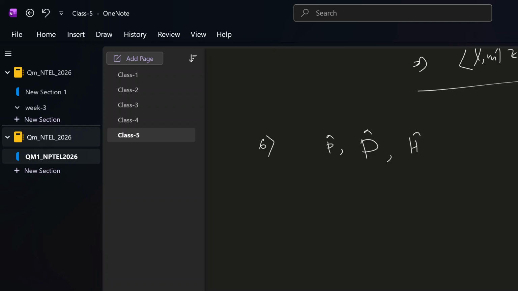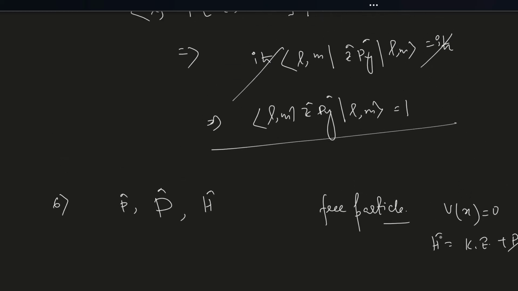So we are discussing this question, the parity operator for this free particle problem, and how the commutator relation of the parity operator works with the other operators like the Hamiltonian and the momentum operator.